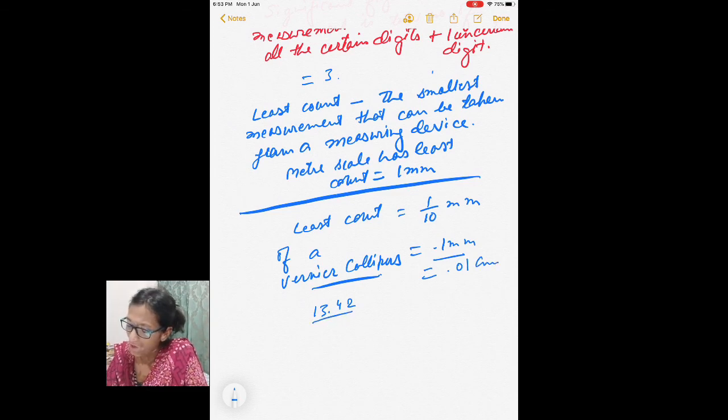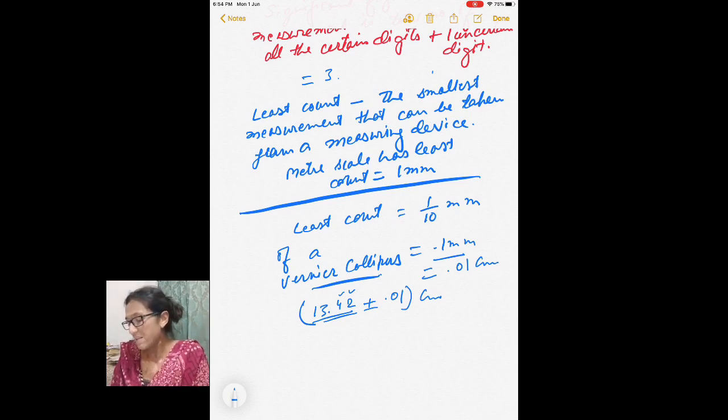So your measurement will last up to the hundredth of your decimal point. So you will have 2 digits in decimal point. This much centimeter, and the result will vary plus minus 0.01 up to this much.